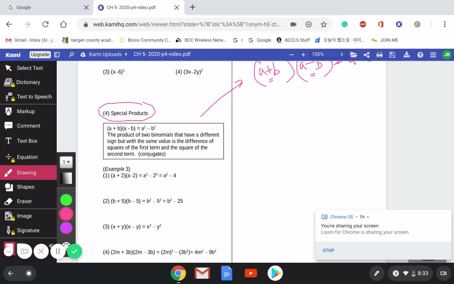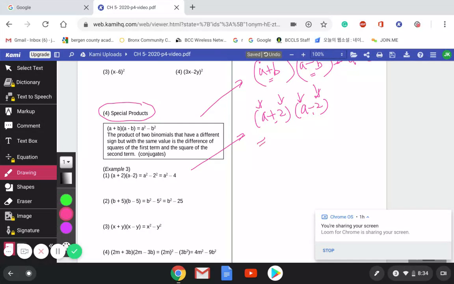So when you have a plus 2 multiplied by a minus 2, it only works for binomial multiplied by binomial, but they have a and a, 2 and 2, but one is plus and one is minus.